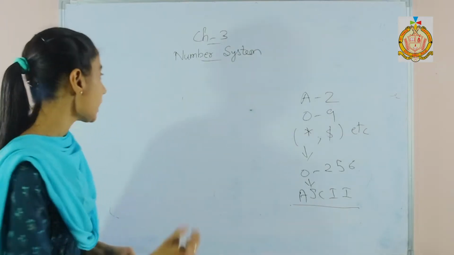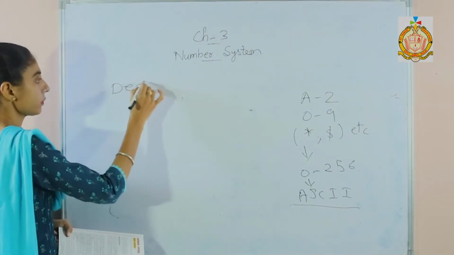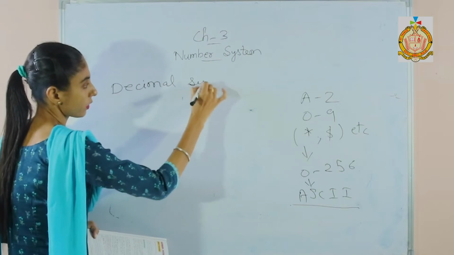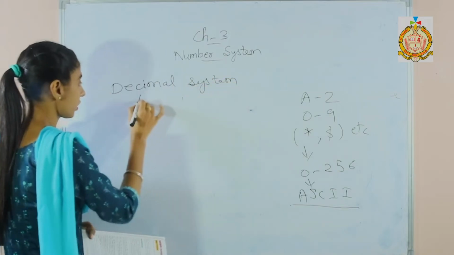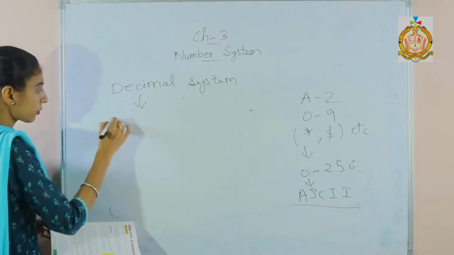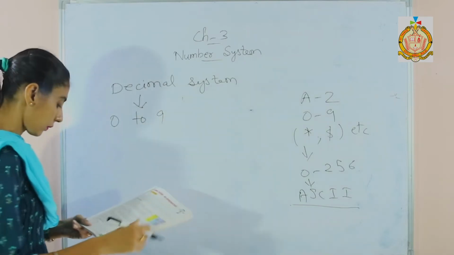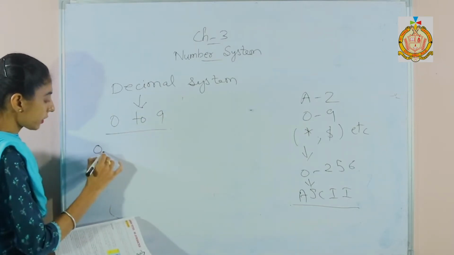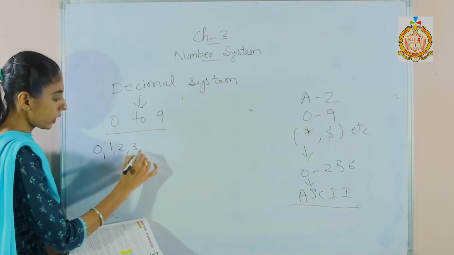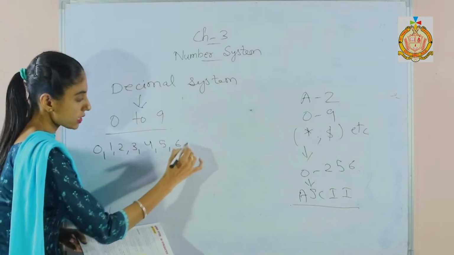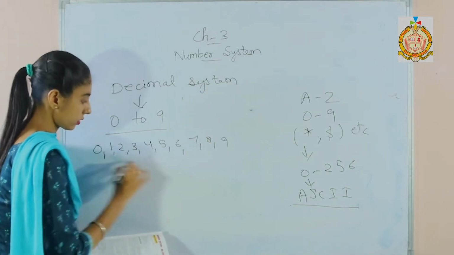So first of all we will learn about the decimal system. Decimal system contains numbers 0 to 9. 10 digits are there: 0, 1, 2, 3, 4, 5, 6, 7, 8 and 9.